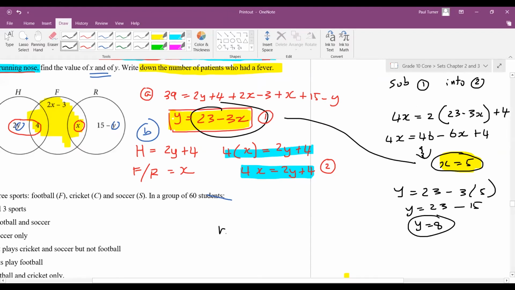So for the number who had a fever, the cardinal number would be 4 plus 2 times 5, 10, minus 3, 7, plus x, which is 5, which is 16. So the number who had a fever is 16. Okay, so you just had to apply your simultaneous equation idea to solve this one.